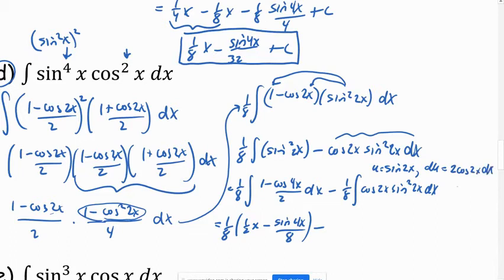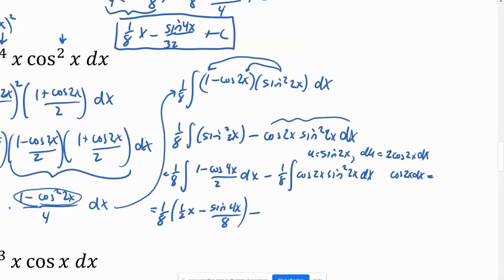And so that means cosine 2x dx is going to get replaced by 1/2 du. So that becomes negative 1/16 integral of u squared du.